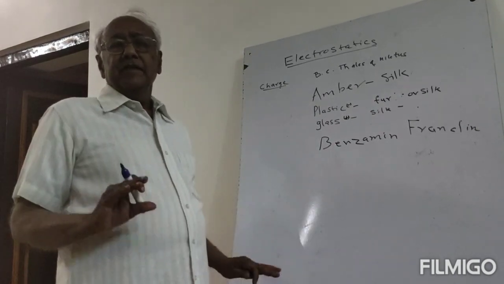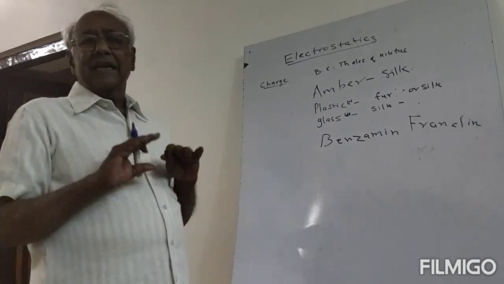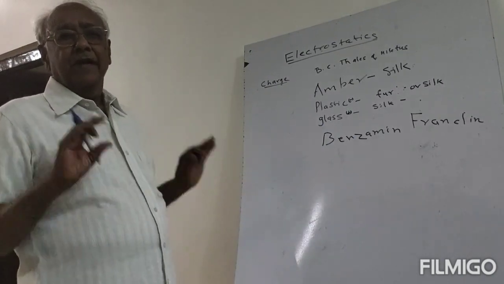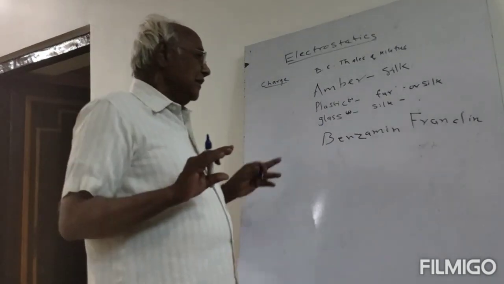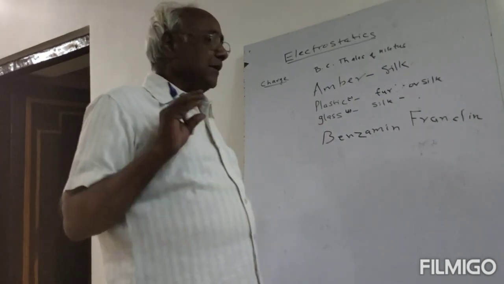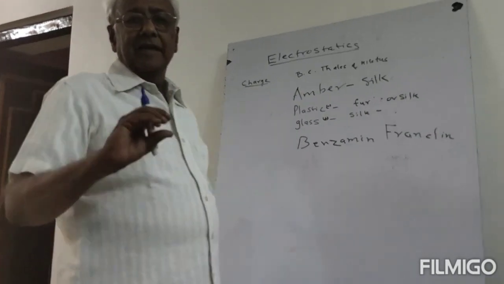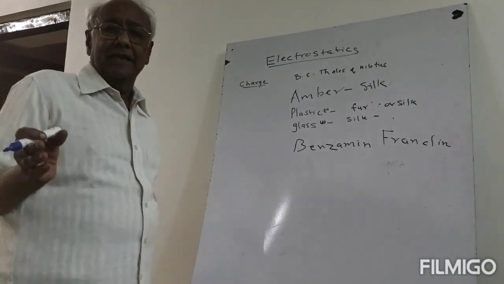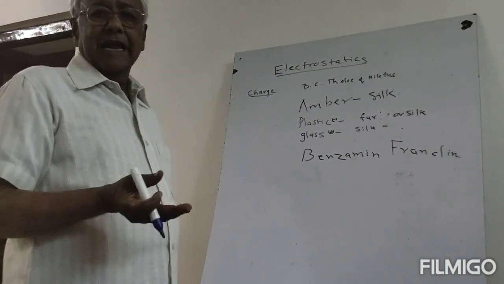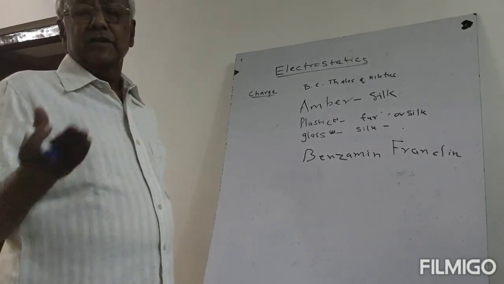When we rub the glass rod, before rubbing, the charge on the glass rod was 0. There was no charge. When we rub it, what will happen? The glass rod gets positive charge. It means the electrons of the glass rod are transferred to the silk, whereas in the glass rod there is a deficiency of electrons, meaning its charge is positive.